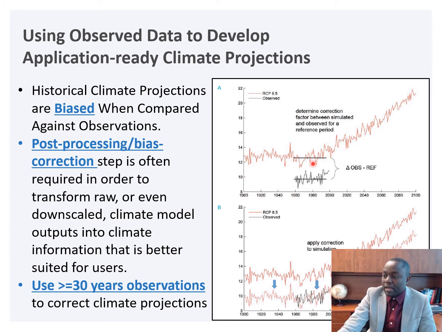On the top panel here, you can see the observations, the black line, is far below what the climate model gives us during the historical period. So we typically apply a bias correction technique to move the climate model output closer to the observations. This is where observations connect with climate model simulations when doing climate risk assessments and developing application-ready data to support those assessments.